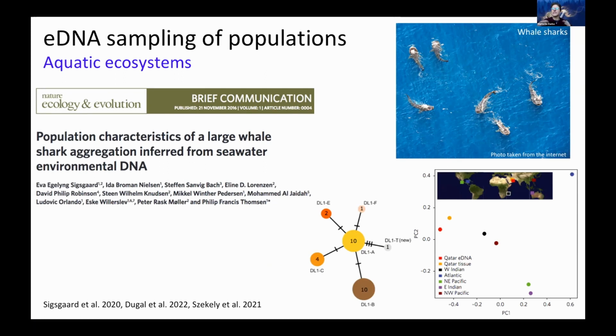And all these animals shed skin cells naturally when moving through the water body. So researchers here collected water from the middle of the aggregation, and from the eDNA extracted from the water, they were able to identify sequence variants corresponding to this aggregation.